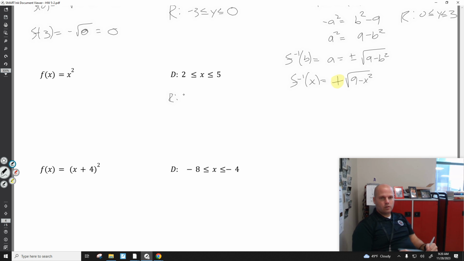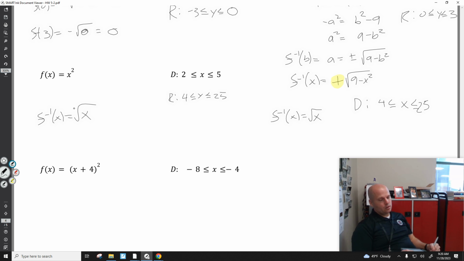X squared will output from 4 to 25. I know the inverse is going to be the square root function. If you wanted to do that, you could, but the inverse function, square root x, its domain needs to be from 4 to 25.